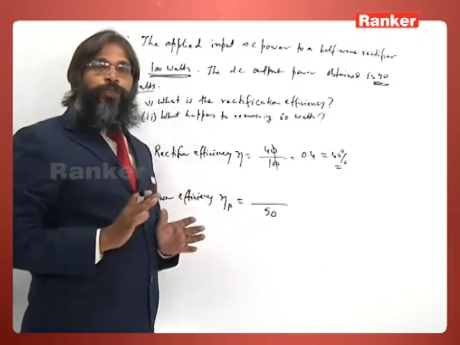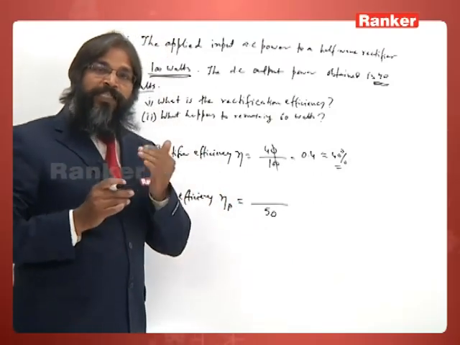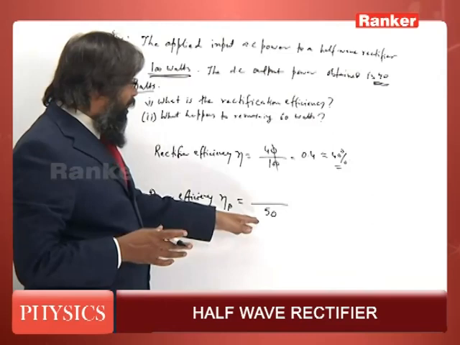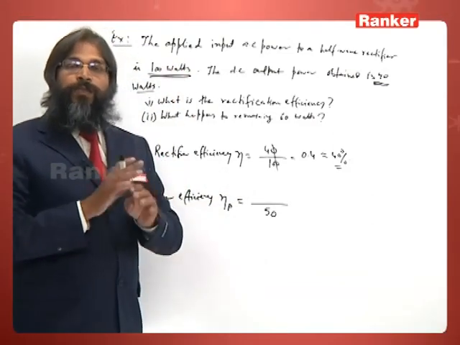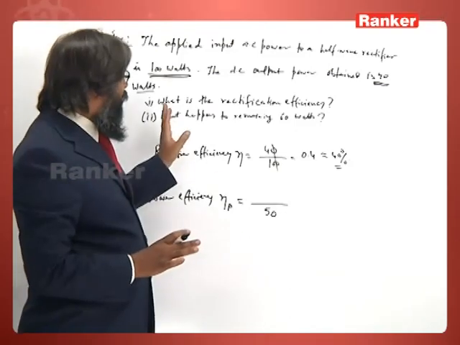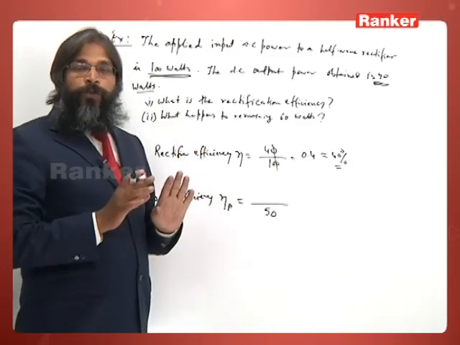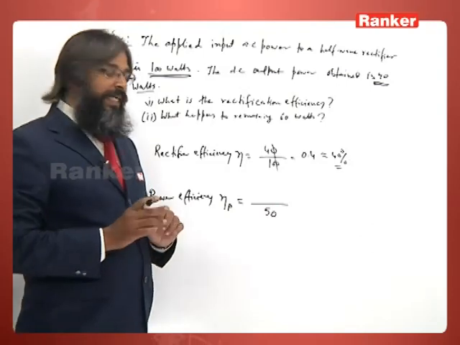The other half is not used up at all because the diode is not conducting. So out of 100 watts available, we are using just 50 watts. For 50 watts power, our diode is dormant, it is non-conducting.